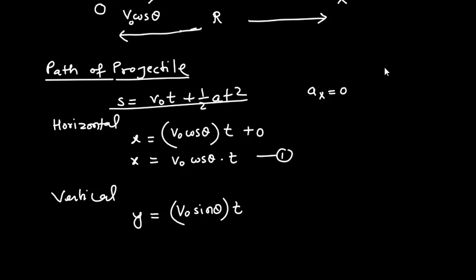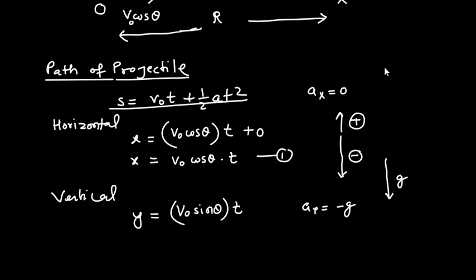Now a y is minus g. Why? Because g is acting vertically downward, and we are using the sign convention. The downward direction is negative, and the upward direction we take as positive. That is the sign convention we are using.